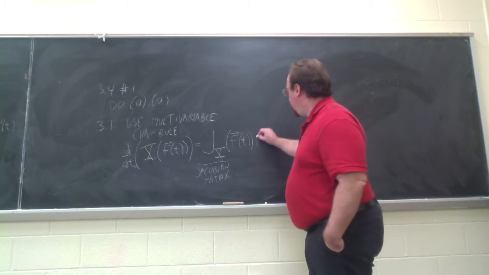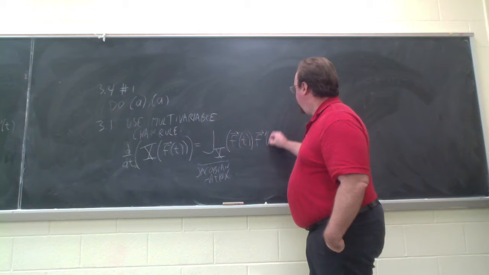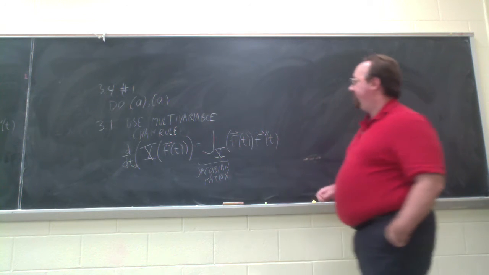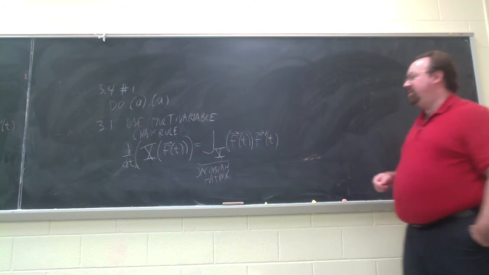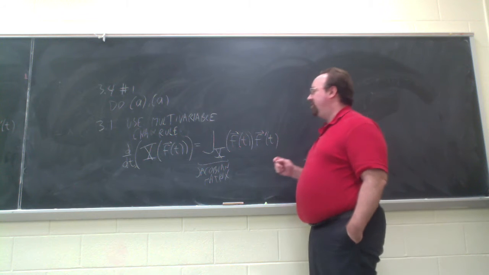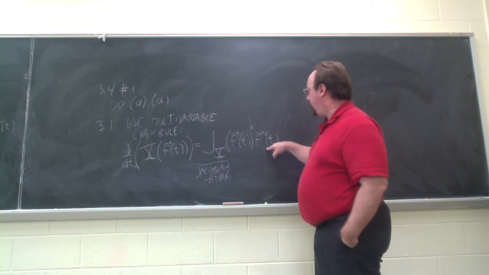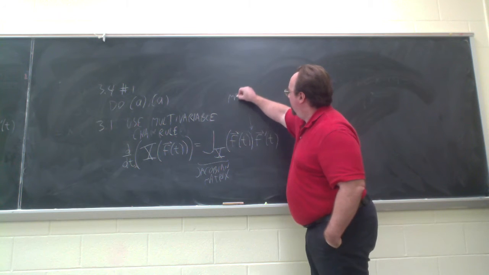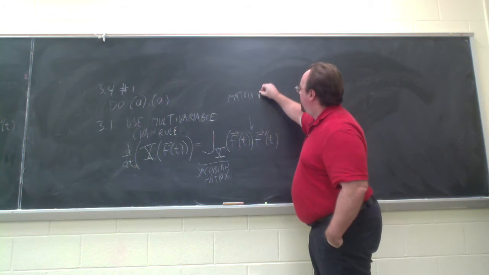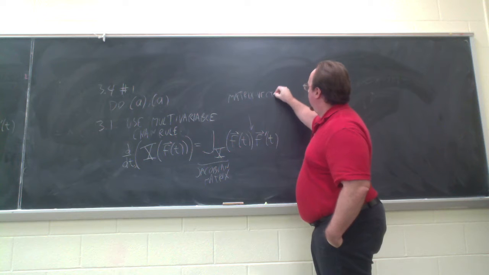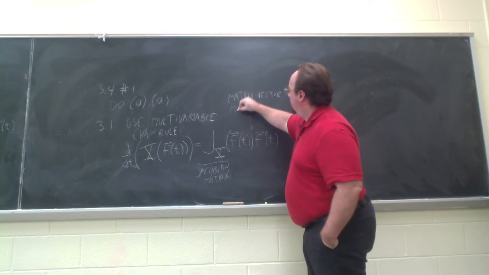Well, that would just be f prime of t. So that's what you use to handle differentiating that whole expression with respect to t. And what's happening here, we're multiplying this by this. This is matrix vector multiplication.